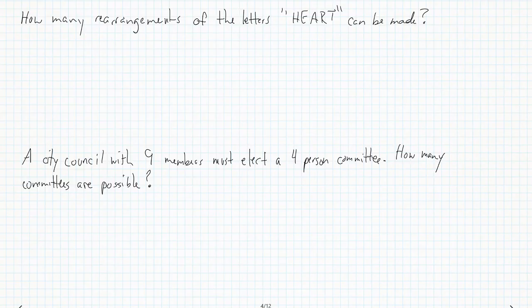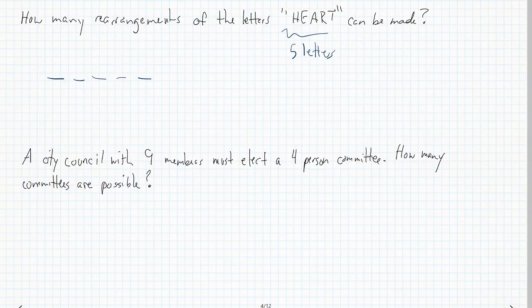So how many rearrangements of the letters HEART can be made? So notice if we're dealing with that scenario, we can't repeat the letters, right? Because we're rearranging them. And let's think, there's 5 letters, and so let's say we have first 5 times 4 times 3 times 2 times 1. Now the question is, do we divide? Well, so let's say we have H-E-A-R-T or A-T-R-E-H.